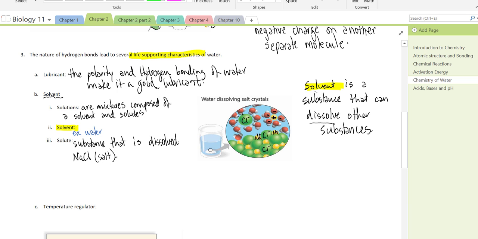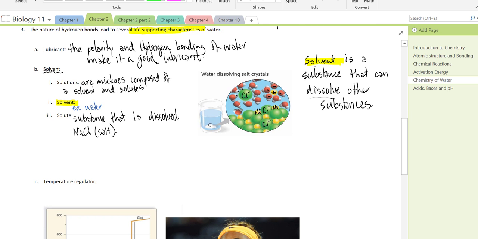If you think about a can of pop, well, pop really is mostly water, so water is the solvent, and your solutes would be things like the sugar, maybe the phosphoric acid that's in the can of Coke, maybe the carbon dioxide that's dissolved that gives the bubbles, maybe the caffeine, etc. All the particles that are dissolved in that water are the solutes.